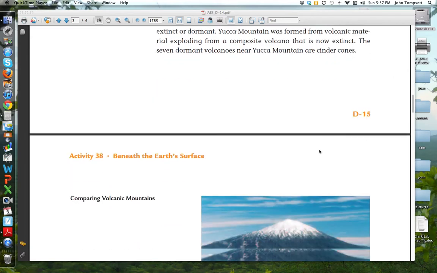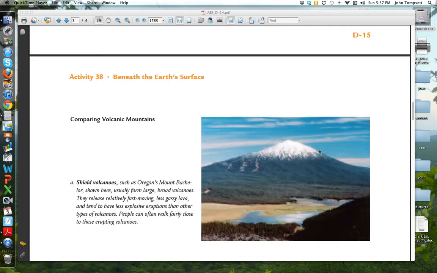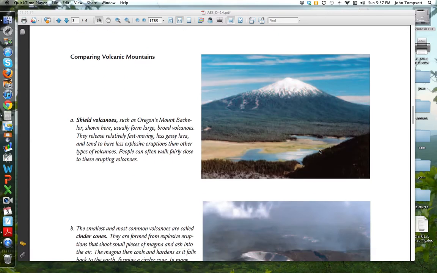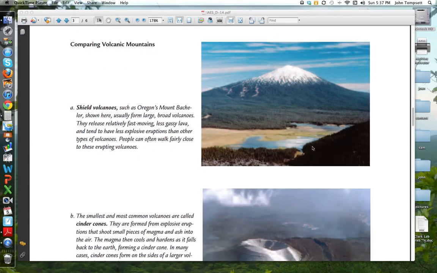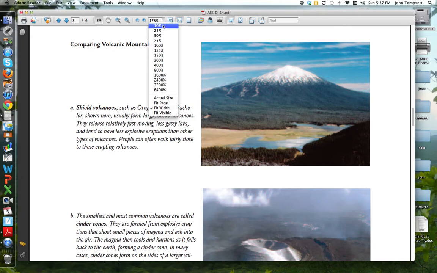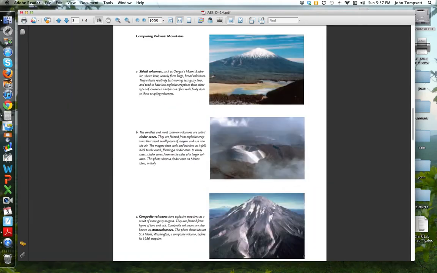Moving to D16. You can see here the examples that they were talking about. I'm going to make my picture a little smaller so you can see all 3 of them at the same time. Here is this first one. It is called a shield volcano.